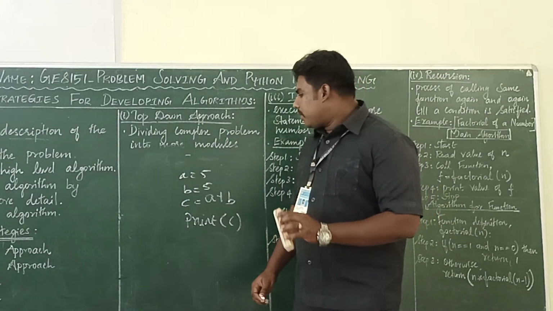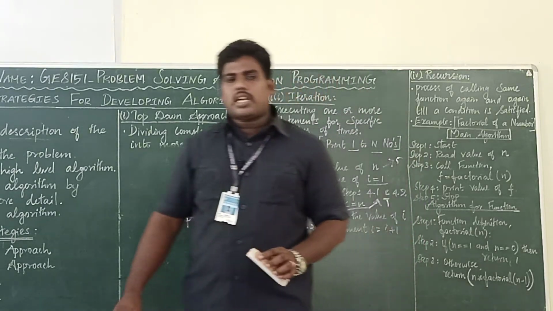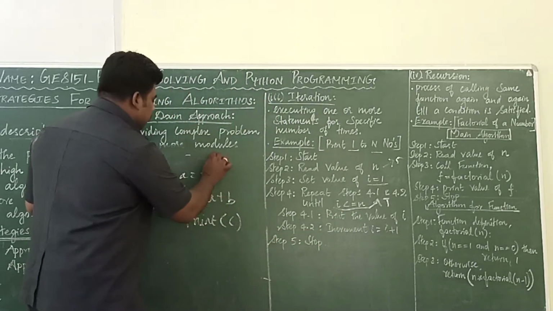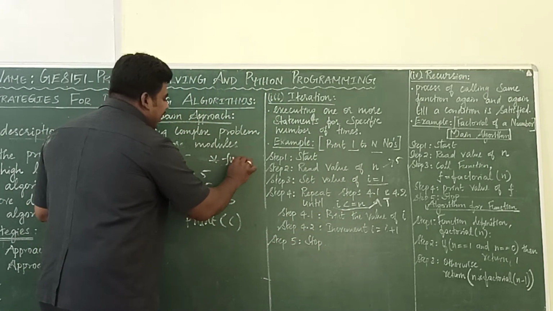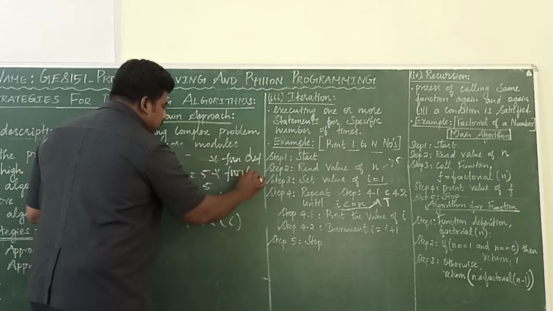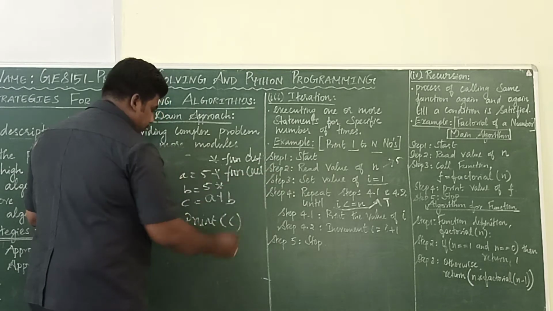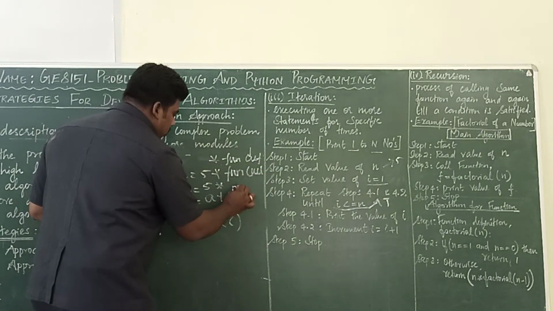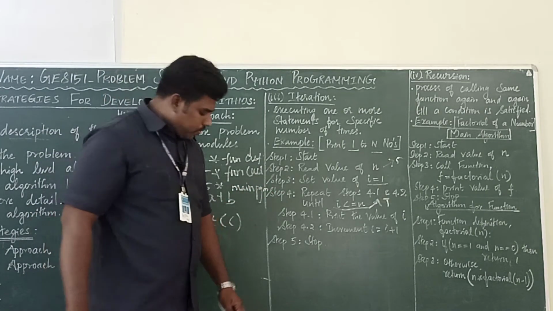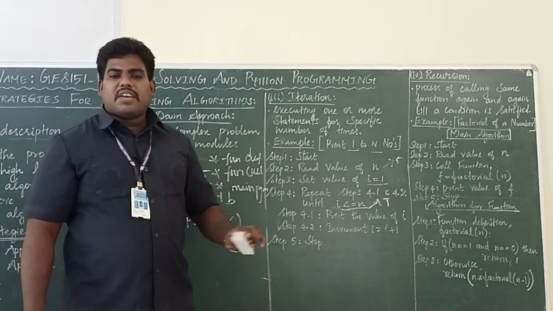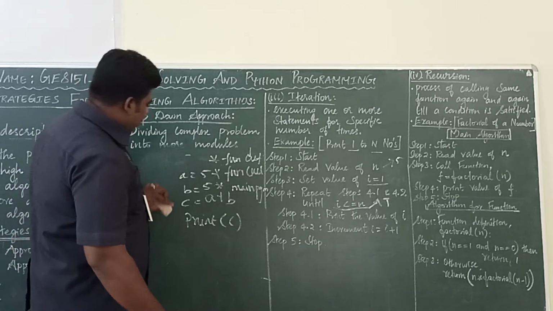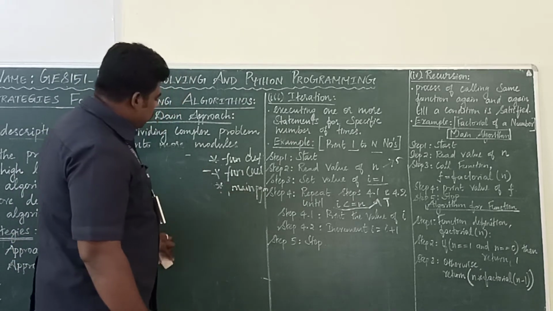Inside the function concept, 3 things are there: function definition, function call, and main program. You have to know what function definition, function call, and main program are.